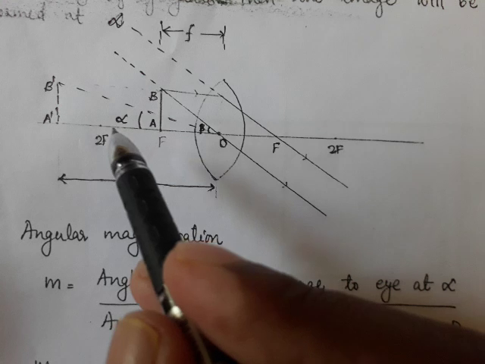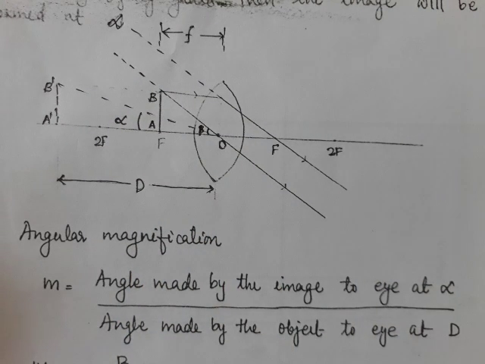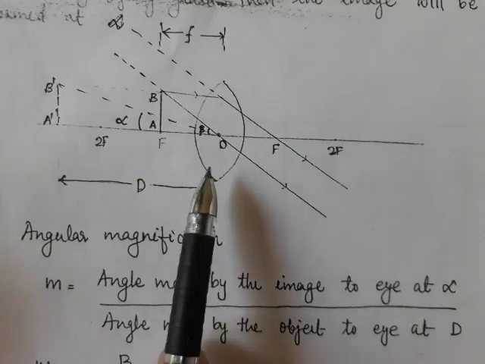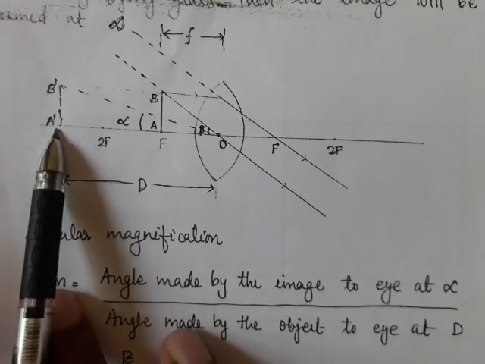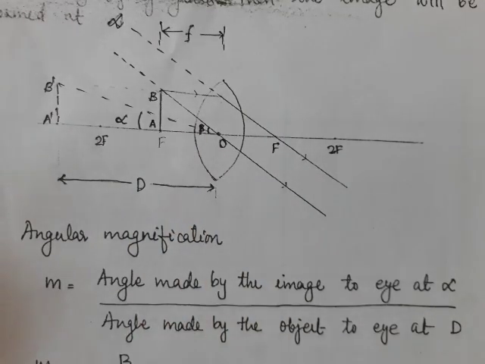What we will do is define the magnification in a slightly different way. Here magnification is the angle made by the image to the eye at infinity, divided by the angle made by the object to the eye at D. So if you keep the object at D, the angle it makes here is alpha.